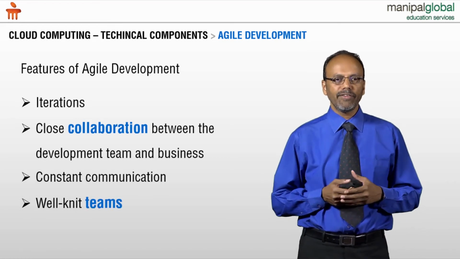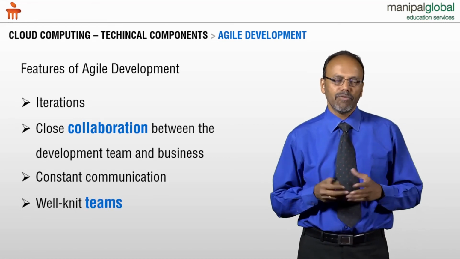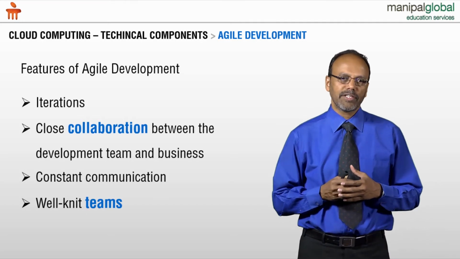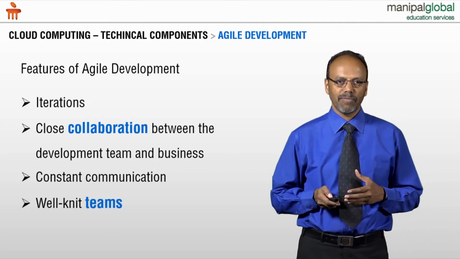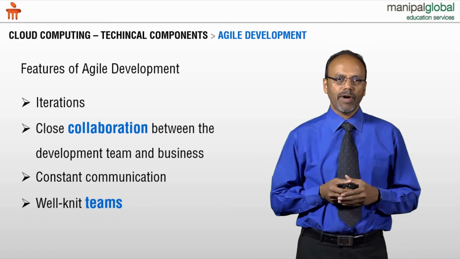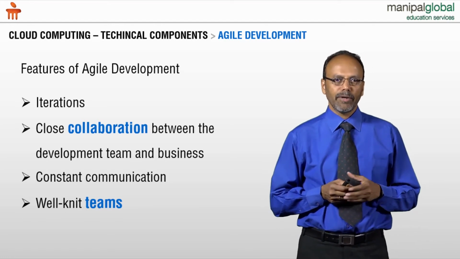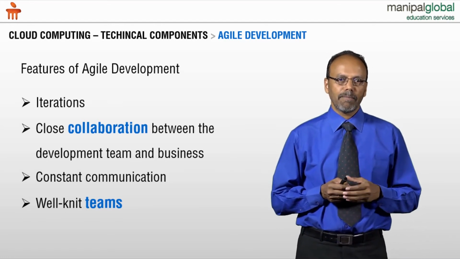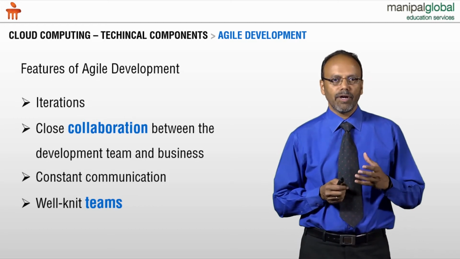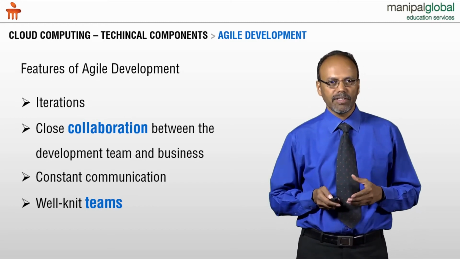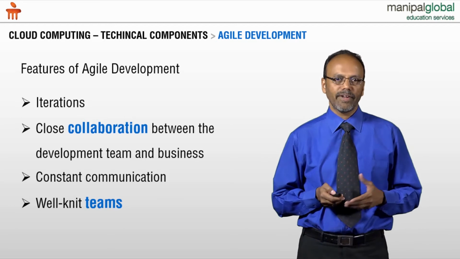The teams are well knit and there is no communication gap which leads to any kind of confusion as far as the development is concerned. Now this is also one of the very vital components of cloud computing because agile development will help cloud computing to have the provisioning done very fast about the application and software, etc.